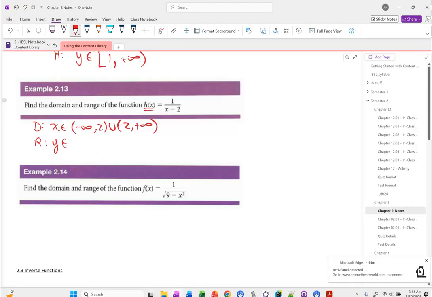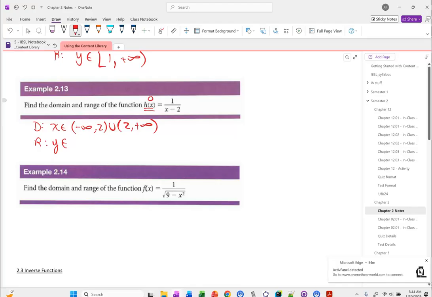What number, if we wanted to plug that in for h of x and try to solve for x, isn't going to work? 0 is the answer, yes. What would happen if I tried to solve this for 0? I'd multiply both sides by x minus 2, and what's going to happen? 0 equals 1. Right? So 0 is a y coordinate that this function can never take.